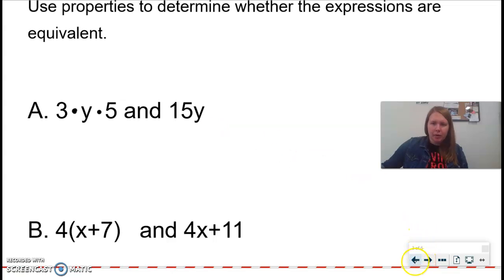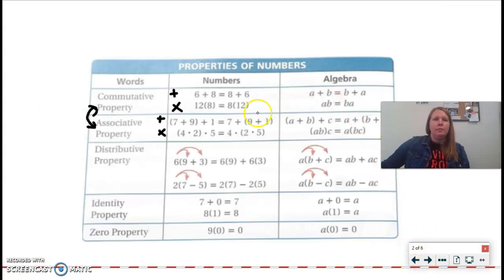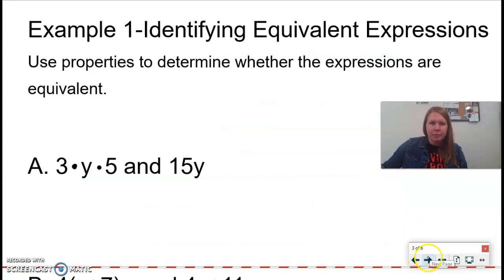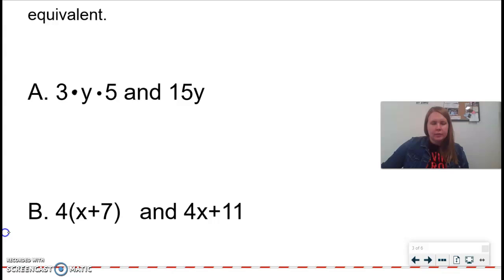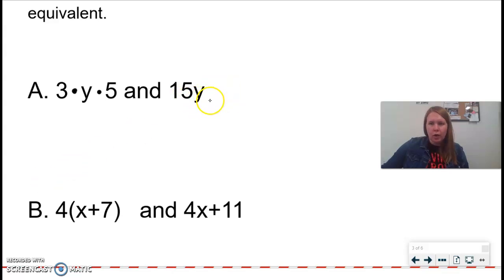Now, if I look back at my properties, since it's an entire multiplication equation, I would say it's my associative property, okay? So within my associative property, I can multiply things together no matter what order I want to do. In this case, it just has a 15y. So I want to look at these constants, or really these coefficients, and multiply them together because they're all being multiplied.